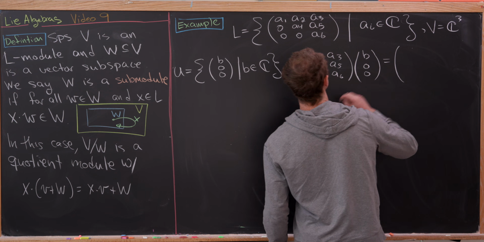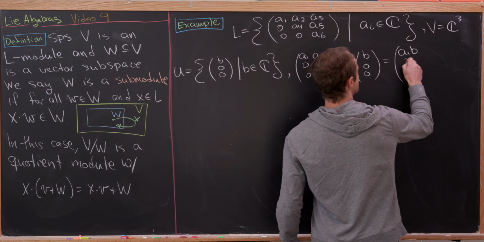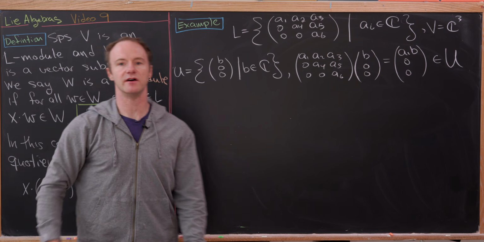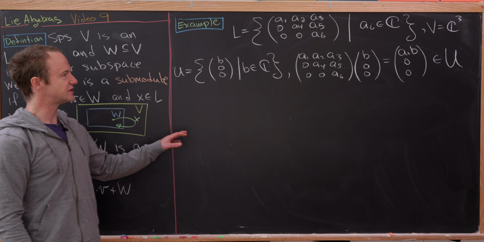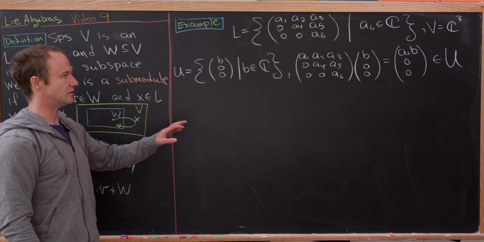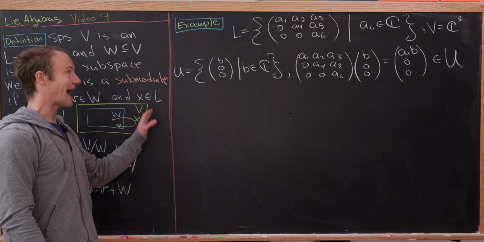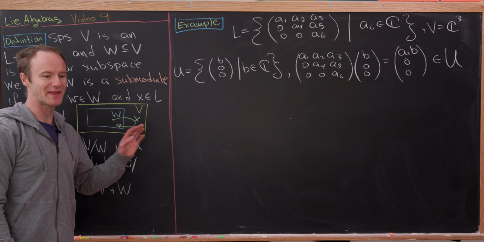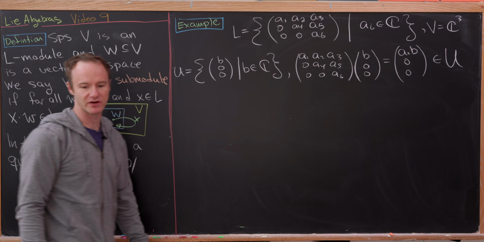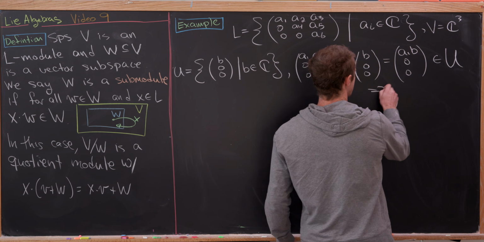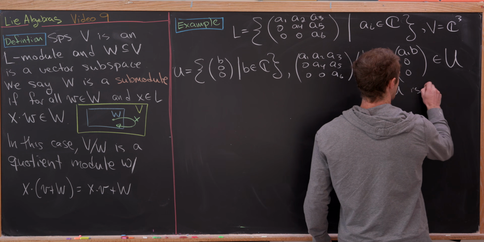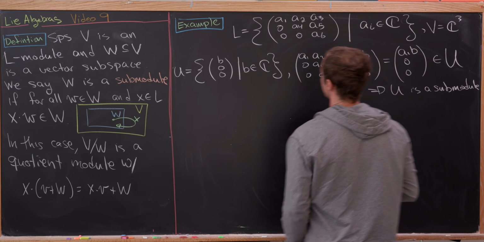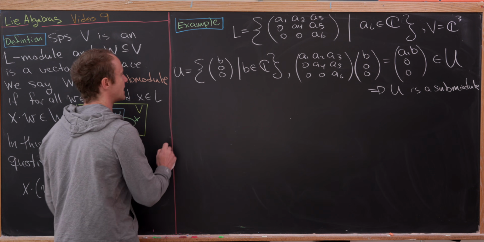Well, it's pretty easy to see that we get (A1B, 0, 0), which in turn is inside of U. So we took any element inside of U, we attacked it with an element of the Lie algebra, and we ended up with something in U. That's exactly what we need to have a submodule. So that means that U is a submodule of V.